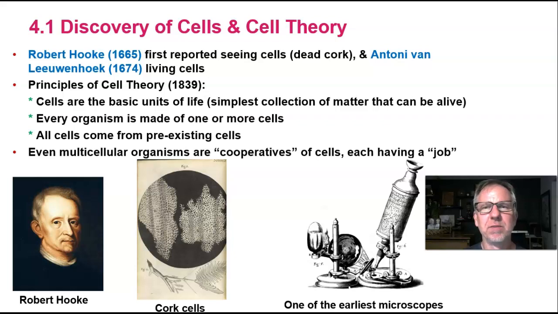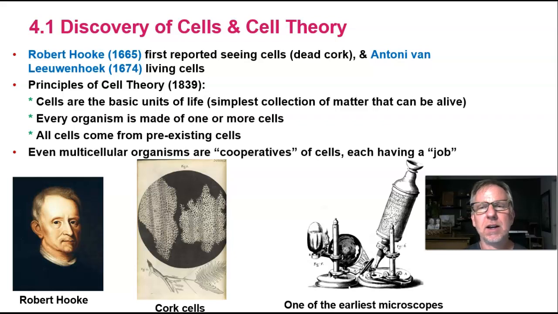Think about that. No electricity yet. What he saw and reported scientifically was a revolution. In that piece of cork, part of the bark of a tree, there were microscopic little chambers, microscopic little rooms, and he called them cells, which from Latin, cellulae, means rooms.